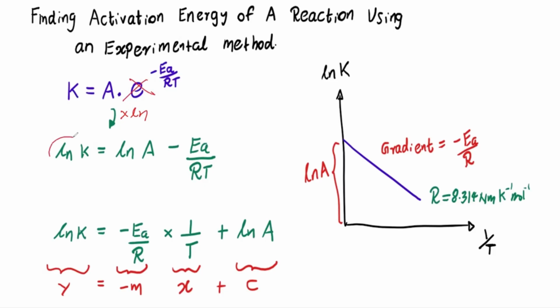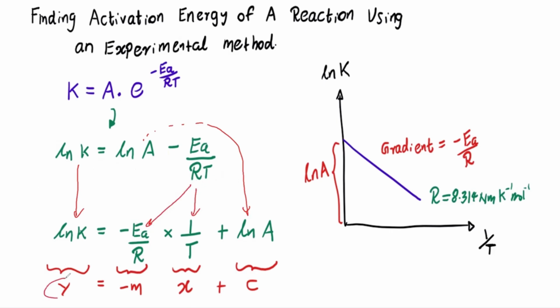So what do you get? The rate constant becomes ln k. The Arrhenius constant becomes ln A. And we know that when you take logs, multiplication becomes addition, so there will be an addition sign. The exponential term is not there, so it will be minus E over RT now. Then I'm going to rearrange this equation. ln k stays in the same place, ln A I'm going to take to the back, and minus E over RT I'm going to break into two pieces: minus E over R first, times 1 over T after that.